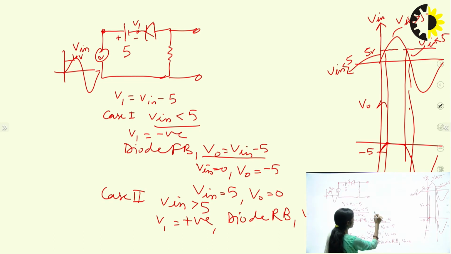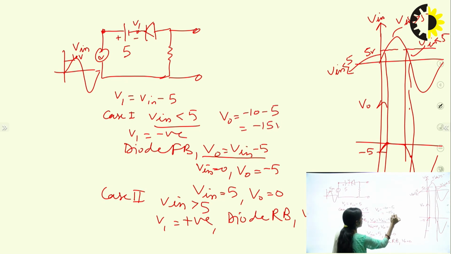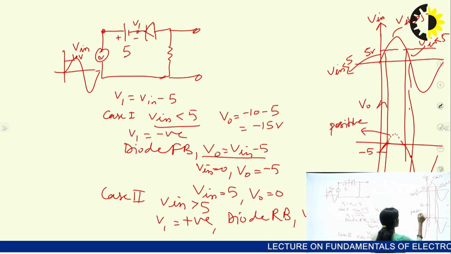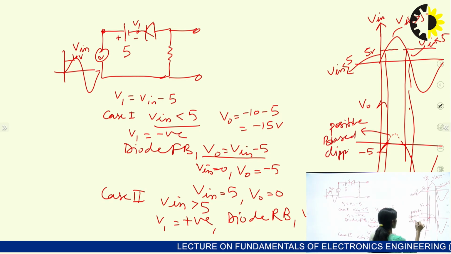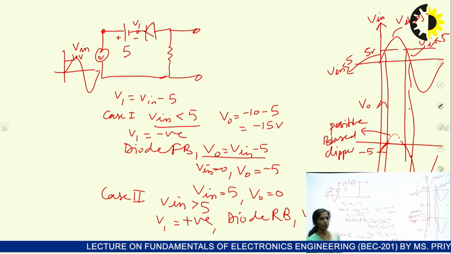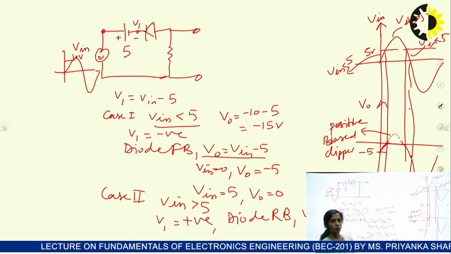If I consider Vin as minus 10, then minus 10 minus 5, the negative peak is coming out to be minus 15 volt. So only a small portion of the positive cycle will be clipped. So this is called a positive biased clipper. So in this way, these circuits can be analyzed. So this is all about the series configuration.